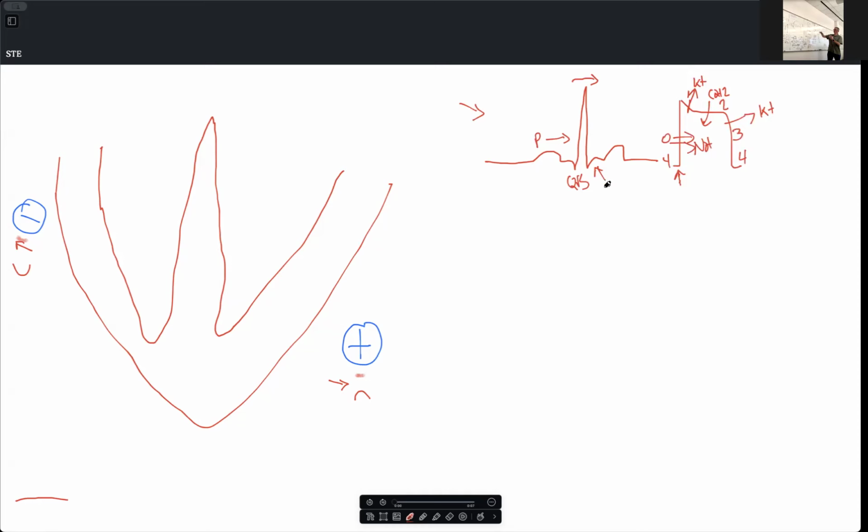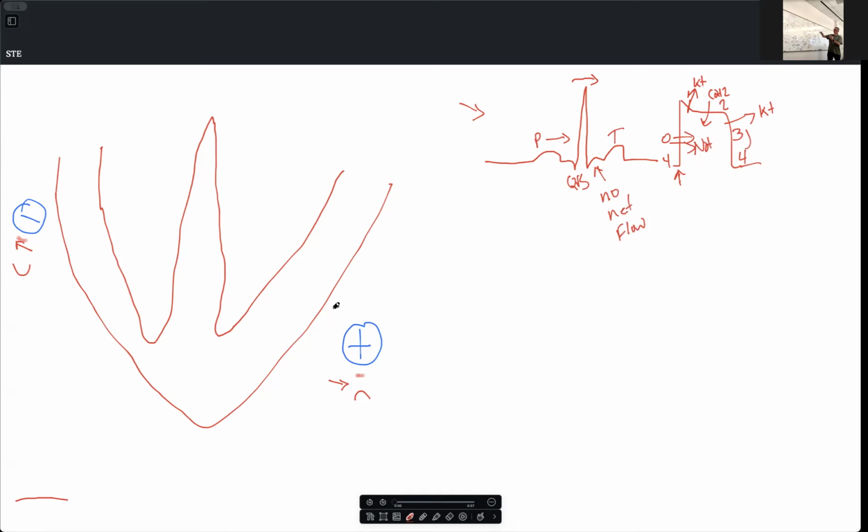But this flattening here is essentially you having no net flow. You get potassium and calcium canceling each other out, and you should have a return to the isoelectric line here. All right. And then you've got the T wave, which is repolarization. And then you're back into phase 4, the so-called resting potential.